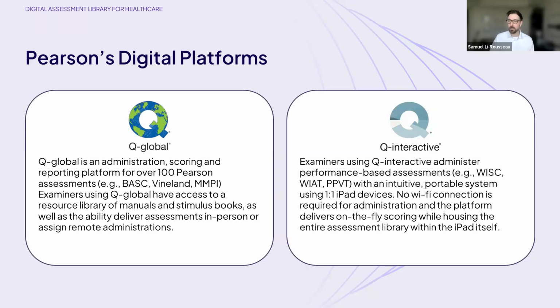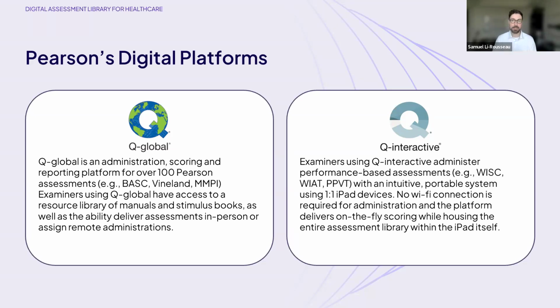But for those of you who are new to our digital platforms or ecosystem, Q Global is our administration, scoring, and reporting platform. It houses over 100 Pearson assessments. If I'm being honest, a lot of the times Q Global is used to administer and score rating scales and questionnaires quite often.